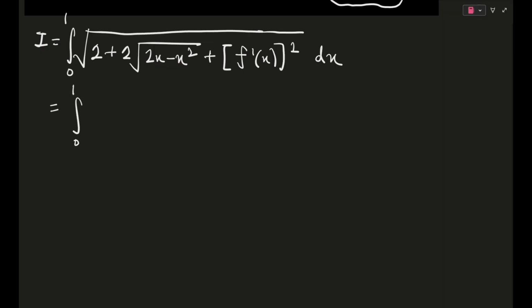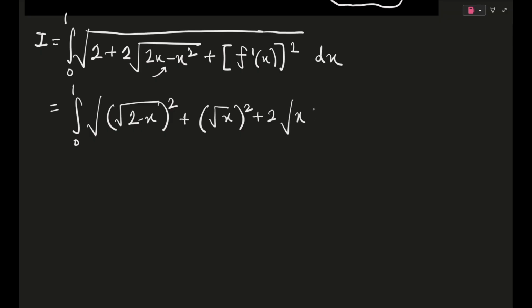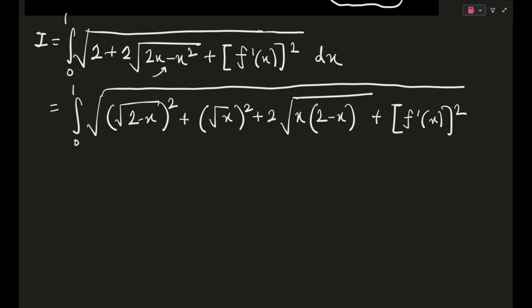Within this I will write this as root of 2 minus x whole square plus root x square. We can write this as root of x into 2 minus x, and this will be 2 times root of x into 2 minus x, plus f dash x whole square under a big root over this dx.